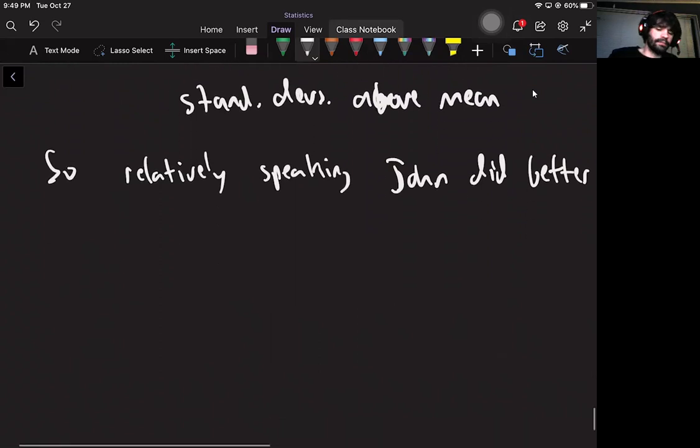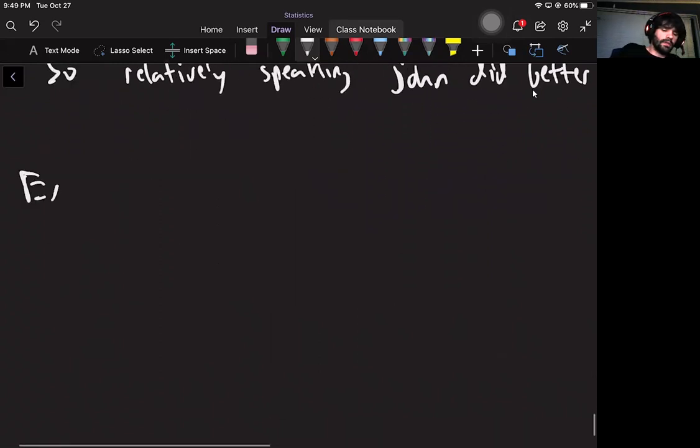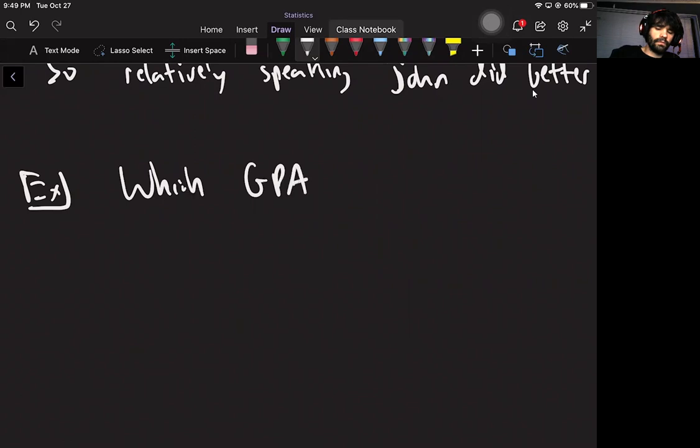Okay, all right, so let's do another calculation example though. Which GPA is better? Other schools do have other ways of calculating GPA.